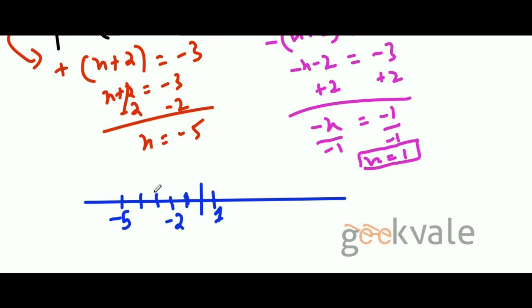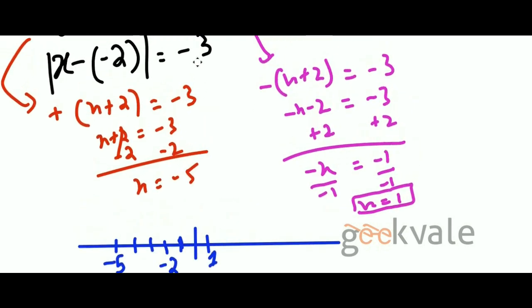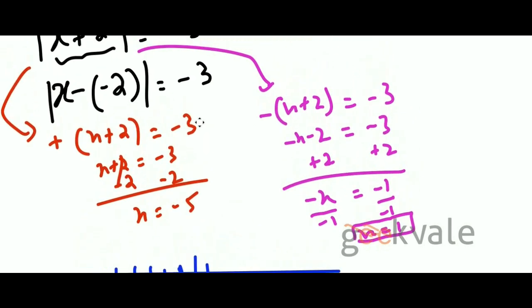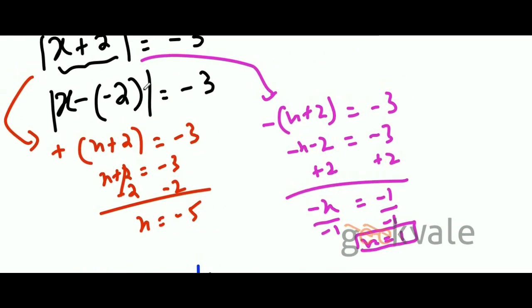From minus 2, this is 1, 2, 3 units, and this is also 1, 2, 3 units. So we found out that the distance on the right side, even if it's given with the minus sign, you will only work with the positive version of the distance. In other words, you will only look for two positions which are 3 units from minus 2.